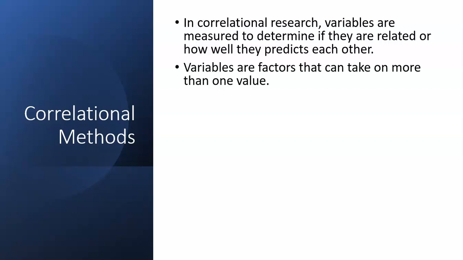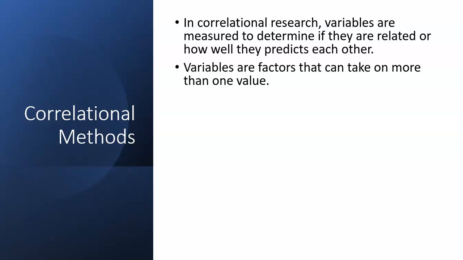And then I can use those scores either to be predicted by other variables or to predict other variables. So for example, I could use depression scores to predict the level of someone's self-esteem. I could also use scores on an instrument that measures perceived stress and predict the level of depression.